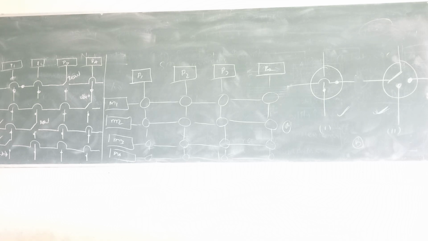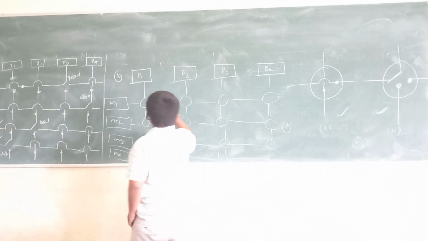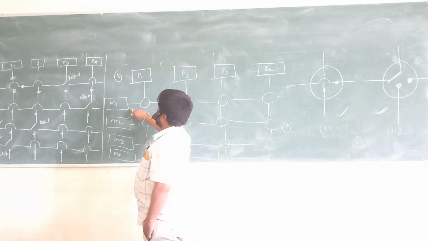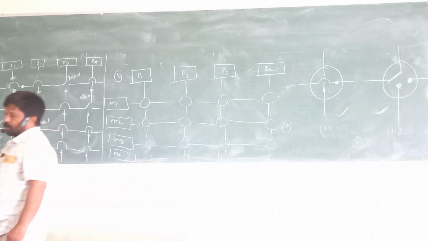In that figure, lines are bidirectional communication links. Squares are the cores and memory modules, so squares have the memory and the processors.